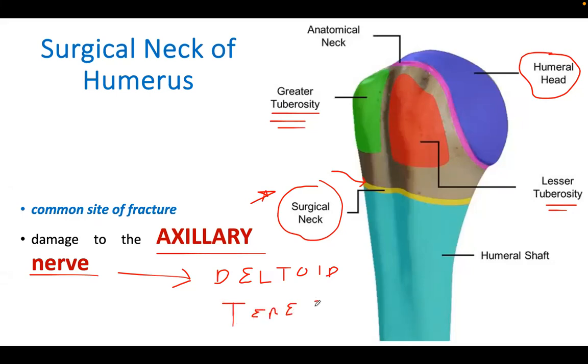and the teres minor. So how can we convert this into a correlative or clinical case scenario? If someone is reported to have injured himself and there is a documented fracture of the surgical neck, what muscles would you expect to be either paralyzed or atrophied?